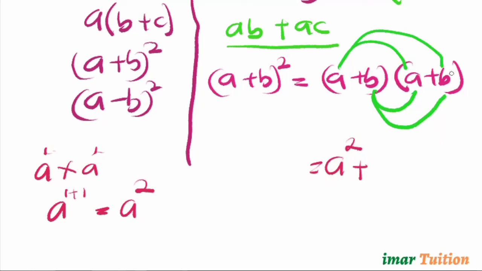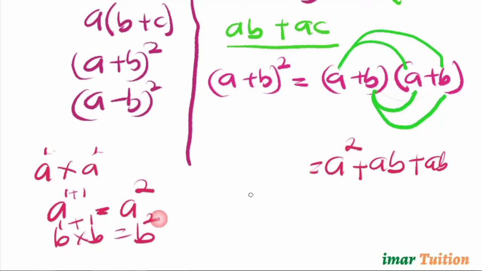Next, a will multiply b to give us ab. Then b will be the next to do the multiplication. B will multiply a will give us plus ab. B will multiply b and follow the same practice here. B times b, power 1. That gives us 1 plus 1, 2, plus b squared.